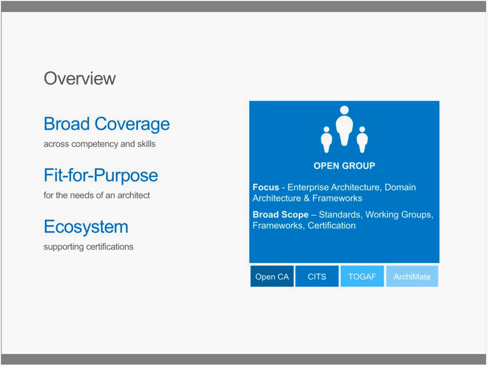And there's a broad ecosystem of support for these certifications. OpenCA is a little bit of a different creature, but for TOGAF and ArchiMate you can really have a broad partner ecosystem, a breadth of partners out there that can help you with certification, education, and so on. So it makes it very nice.